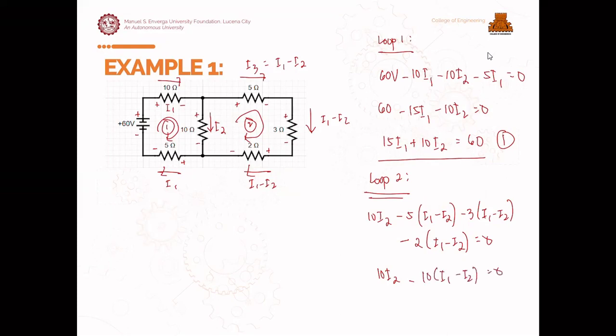Okay? Simplify natin. 10 I2 minus 10 I1 plus 10 I2 is equals to 0. So, this will be negative 10 I1 plus 20 I2 is equals to 0. So, ito yung equation number 2 natin.